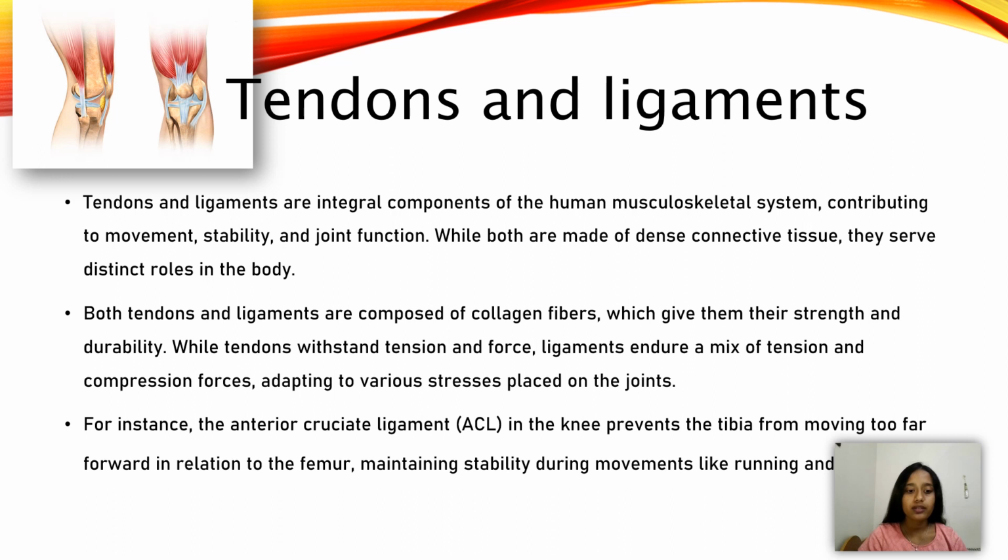Both are made up of tough bands of fibrous connective tissues composed of collagen fibers. These collagen fibers provide durability and strength. The tendons transmit the force generated by the muscle tissue. When muscles contract, the tendons transmit the contraction onto the bones.